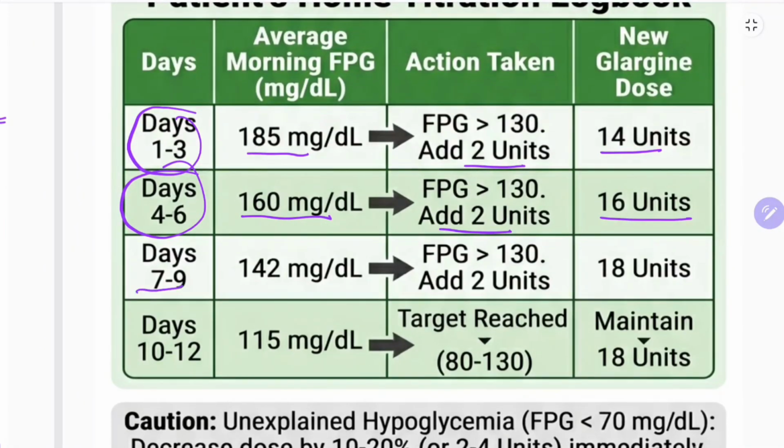On day 7 he measured again, still above target at 142, so he increased the dose by 2 units and it became 18 units. On day 10, measuring every 3 days, it is 115 milligram per deciliter. Now the target is achieved, so the patient is on a maintenance dose of 18 units.